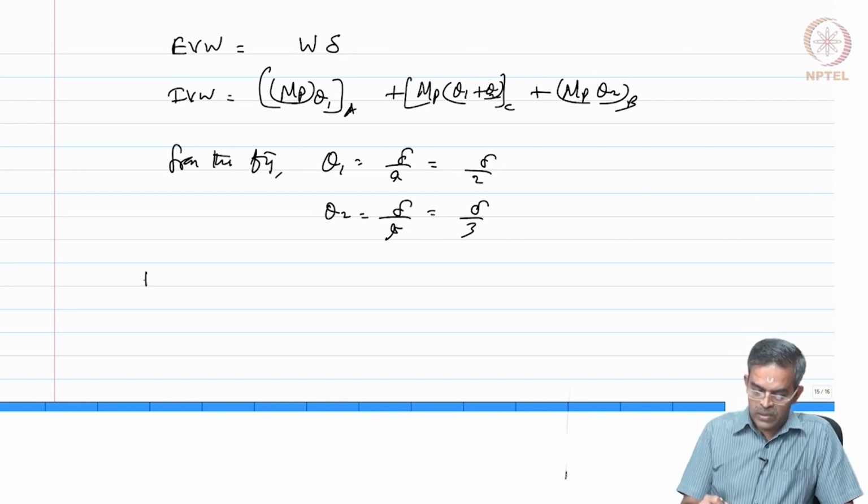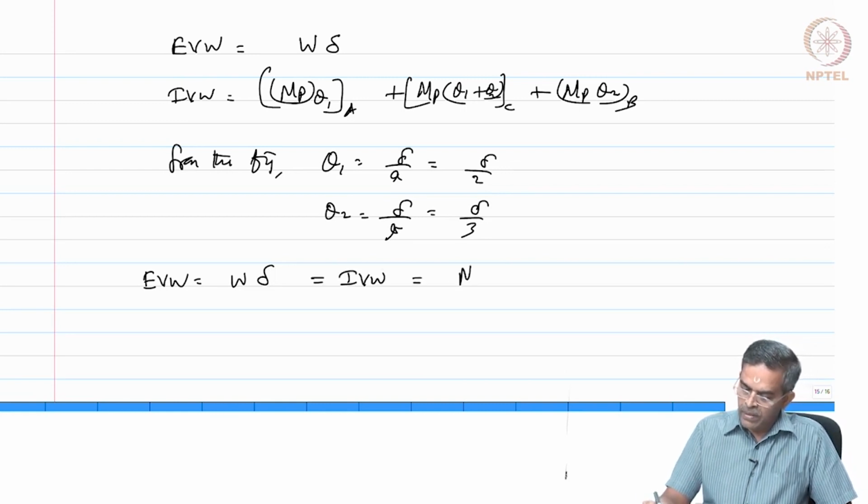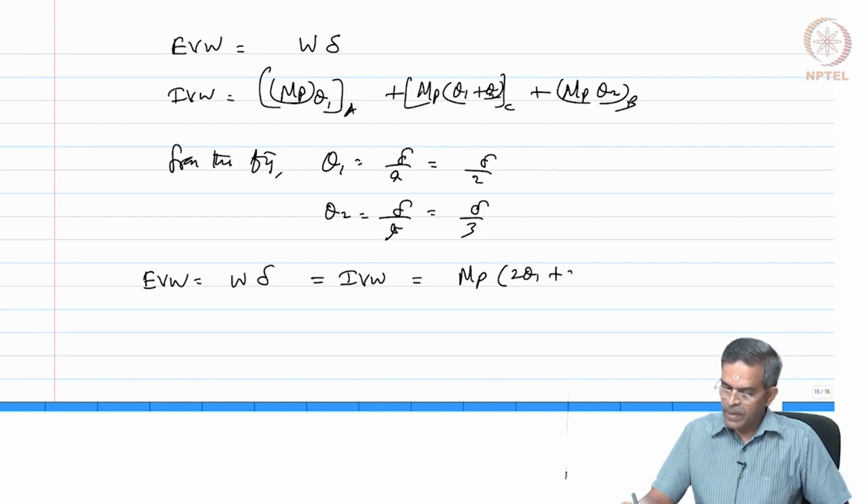So, external virtual work is W into del, which is equal to internal virtual work, which is MP times of 2 theta 1 plus 2 theta 2.